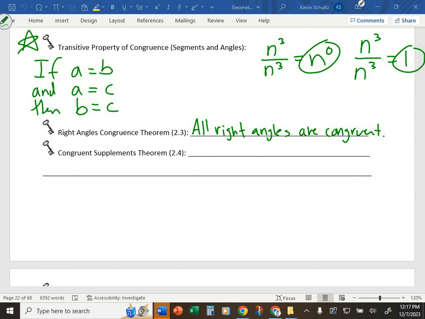The congruent supplements theorem says that if two angles are supplementary, which, what does the word supplementary mean again? They sum to be 180. Yes.